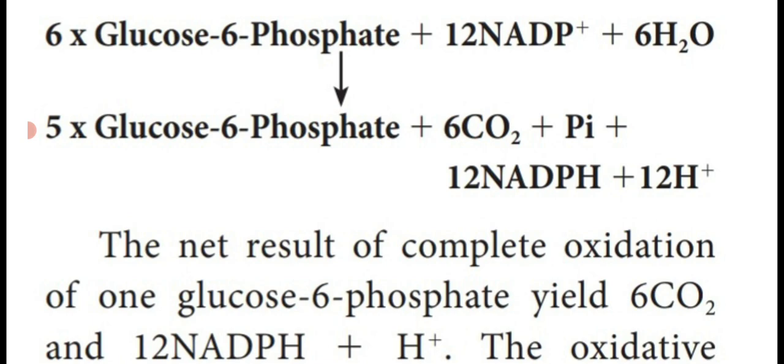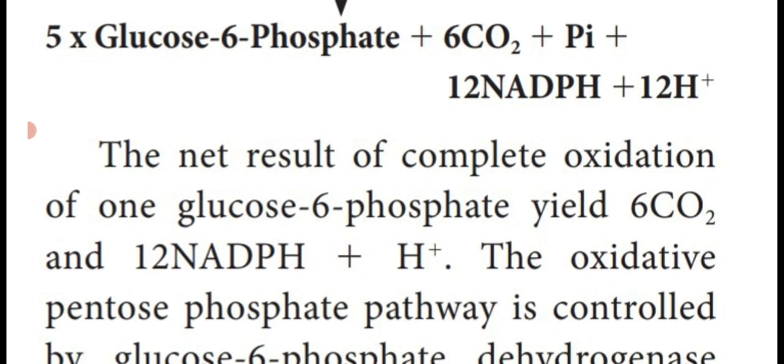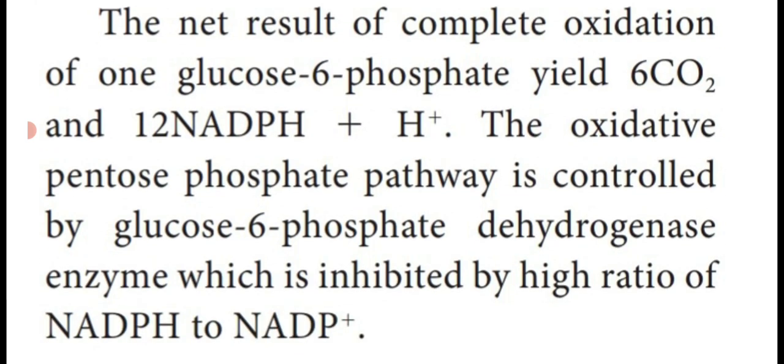That means from glucose 6-phosphate, 1 molecule of phosphate is liberated outside. So the complete oxidation of this pathway: 1 glucose 6-phosphate yields 6 molecules of carbon dioxide and 12 molecules of NADPH2.